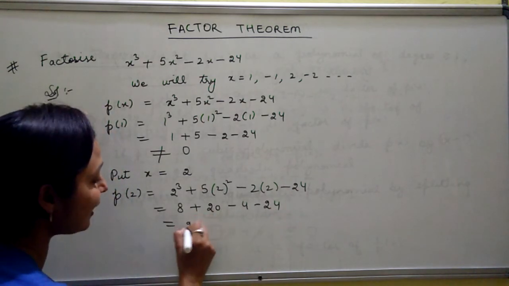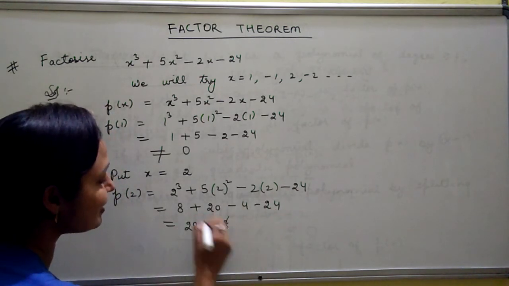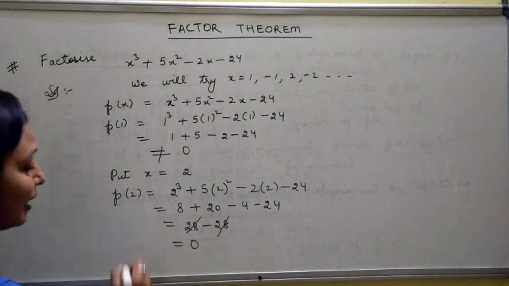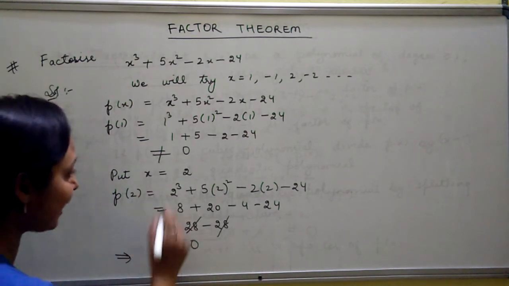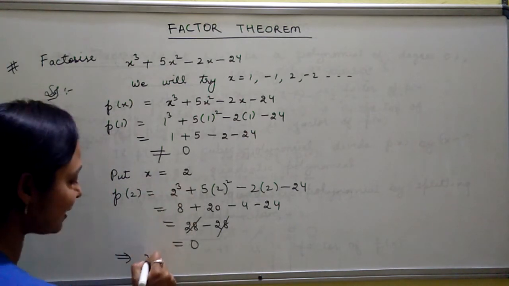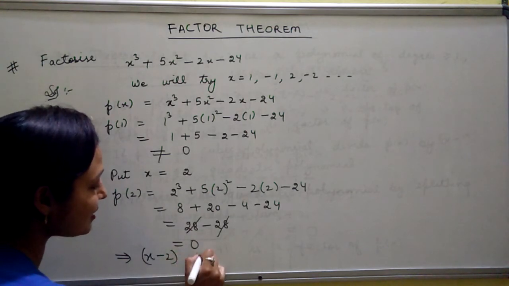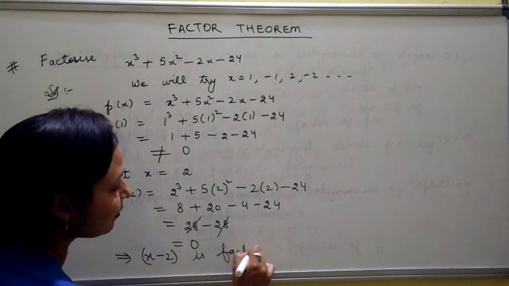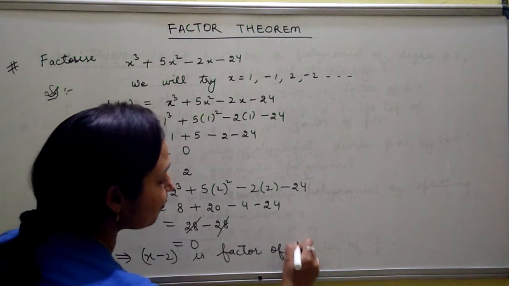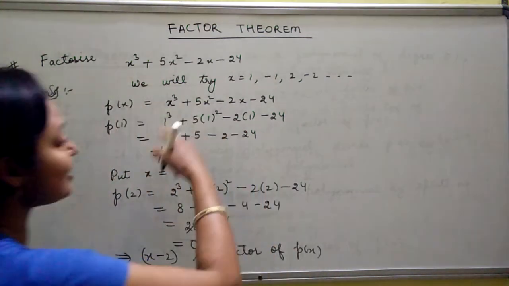This is 28 minus 28. Yes, this cancels, we get 0. This implies x minus 2 is a factor of p(x).